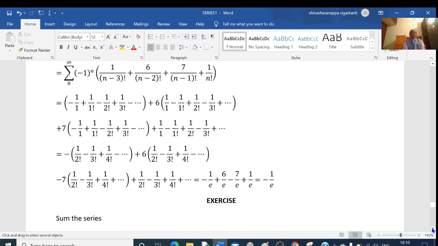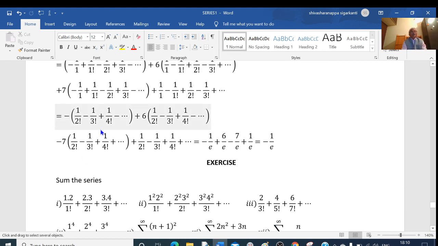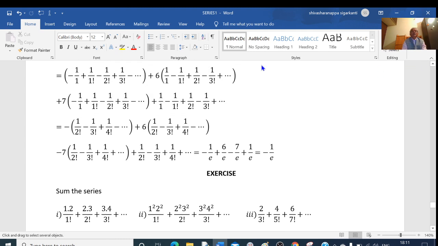More or less the terms are the same in each bracket, so I will write this as this. Taking the minus sign as common factor, this gets cancelled, leaving 1 by 2 factorial minus 1 by 3 factorial plus 1 by 4 factorial and so on, plus 6 into, again this 1 minus 1 gets cancelled.